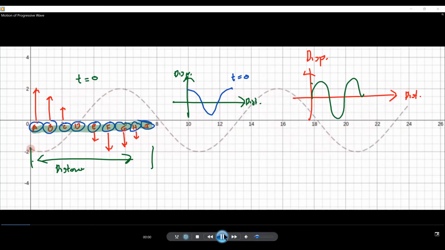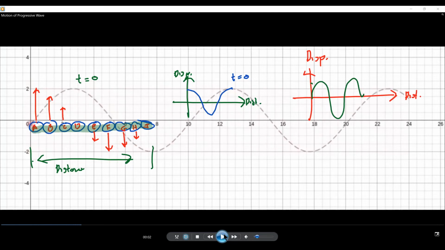Okay, maybe I let time run even more. Okay, so let's just say I let time run until say 5 seconds. So my displacement distance graph will now look a bit different. All right, so this is now the new displacement distance graph. It now looks like this.